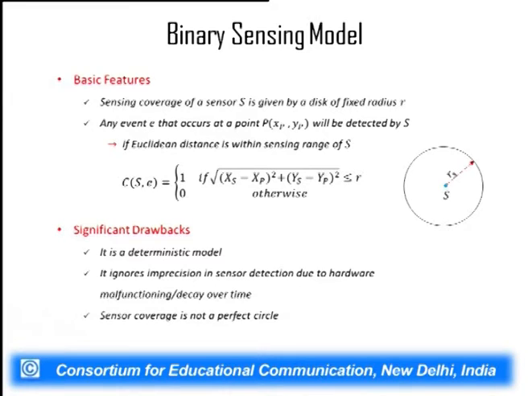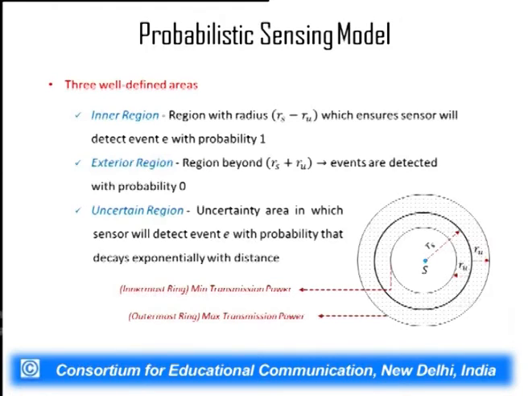So, there is a lot of imprecision in this model due to hardware malfunction and decay over time, and also the sensing coverage is not a perfect circle, because at the edge it is going to fluctuate. For this, let us take up another model, the probabilistic sensing model.